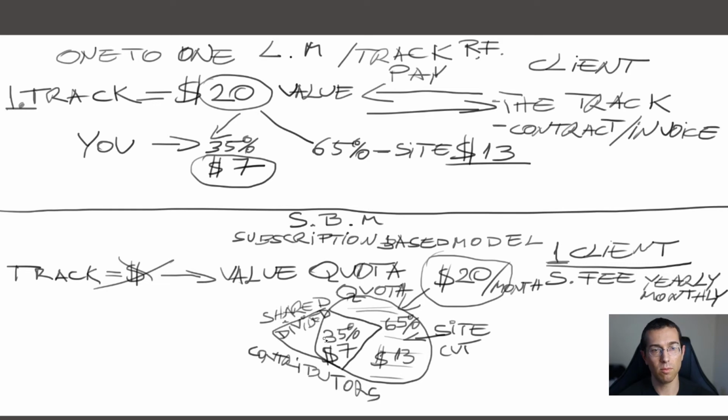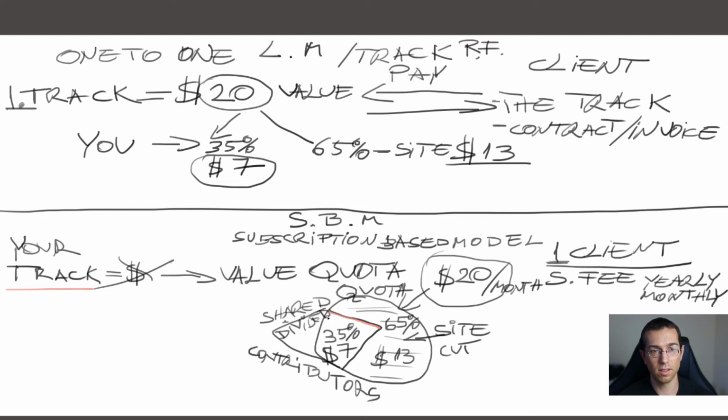So it's divided by the contributors, meaning that this track, let's say this is your track, or mine, whatever, in red. So this client is downloading, is not buying, is downloading your track.